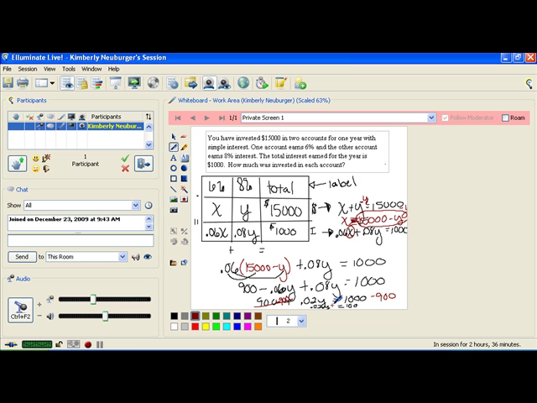And now if we divide both sides by 0.02, we will find out that, and I'm going to write it over here, I ran out of room, y equals $5,000. So that means that we invested $5,000 into this account, and if we only had $15,000 to invest, there was $10,000 left for this account.